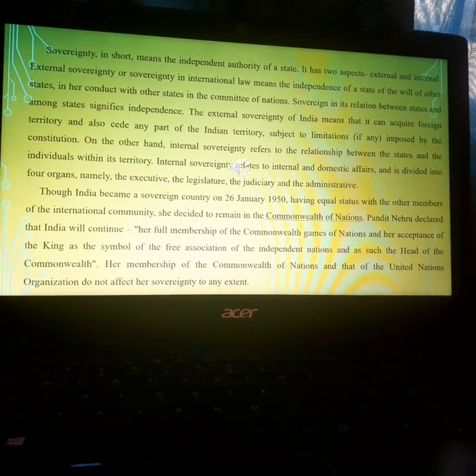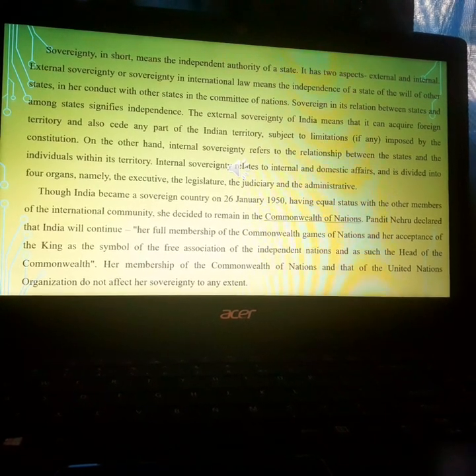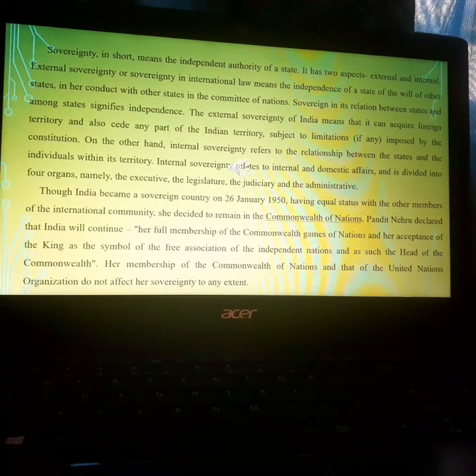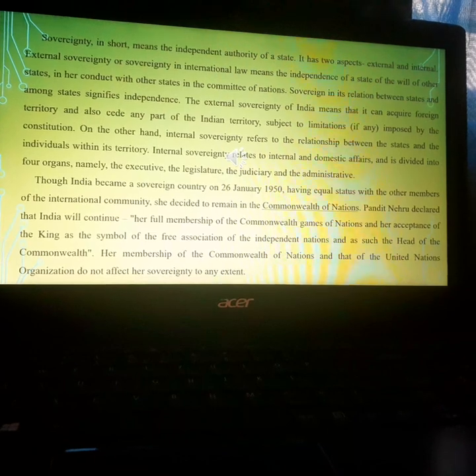Internal sovereignty relates to internal and domestic affairs and is divided into organs, namely the executive, the legislature, the judiciary, and the administrative.